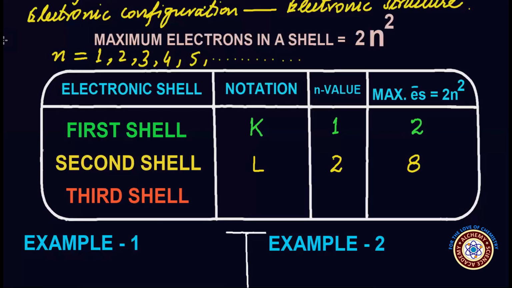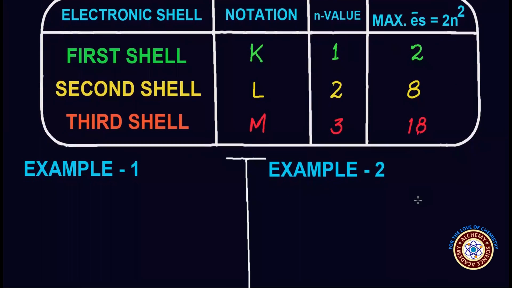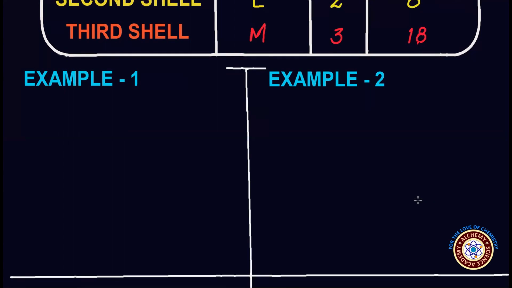Whereas the third shell is denoted by capital M, also called M shell. It has an n value of 3 and accommodates 18 electrons at maximum, again according to the 2n square formula. Now let us draw the atomic structure of some atoms.